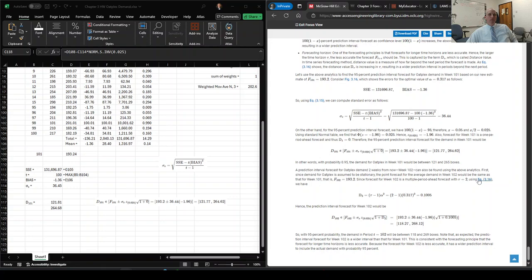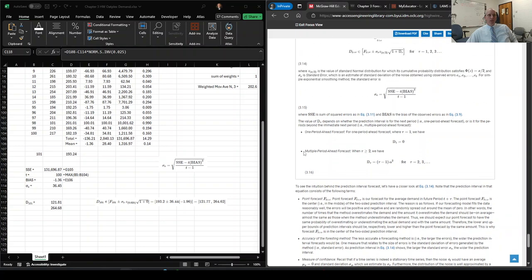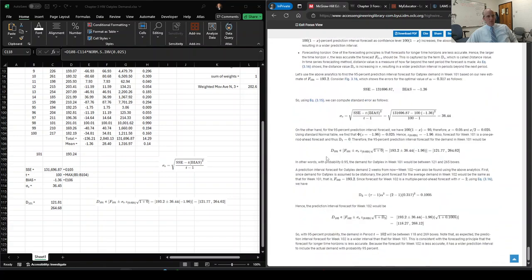This is equation 316. We come back up to equation 316. We're using the multi-period ahead forecast instead of the 1 period ahead forecast. This is a little bit more complicated than we'll spend. We won't spend too much time on this one this week, or in this class rather.